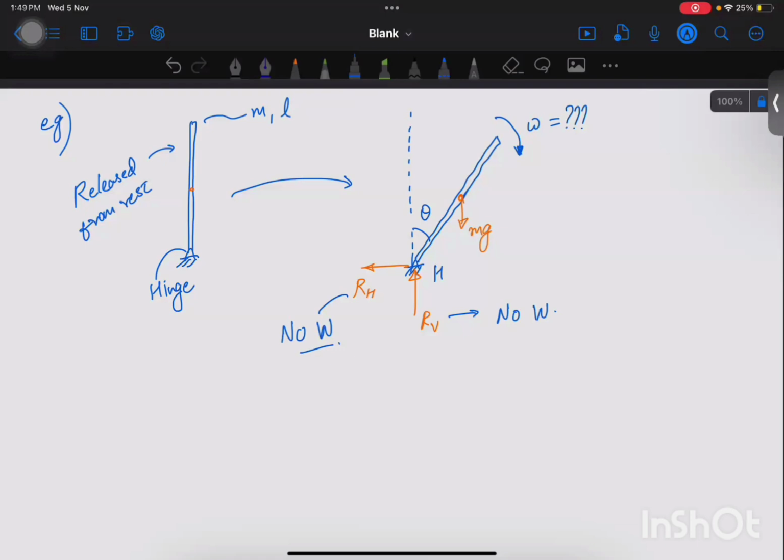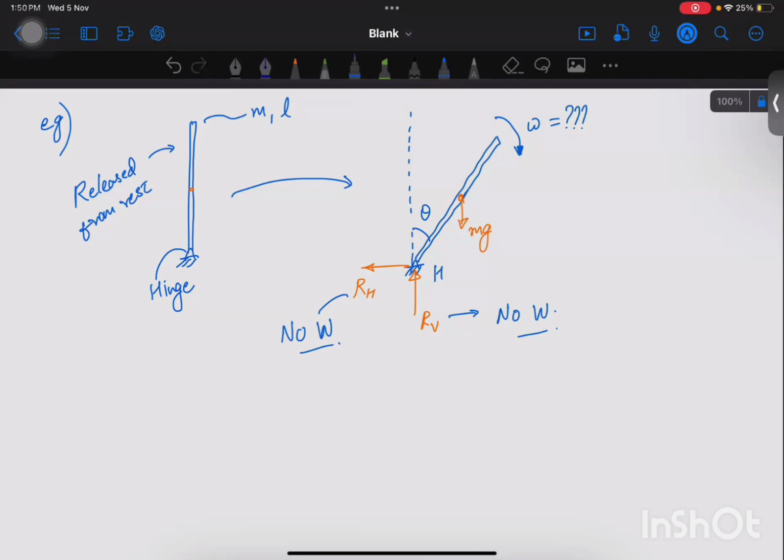Fine. Now there may be an argument: why is there no work done when forces are acting on it? Well, they will cause acceleration of the center of mass of this rigid body. Then who is doing some work? Gravity, and gravity only.